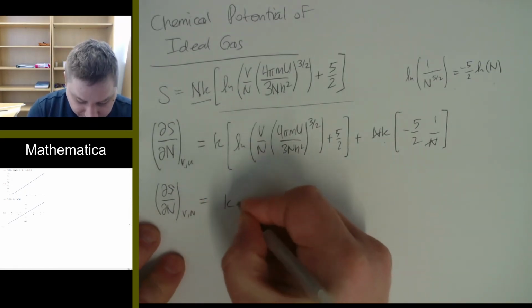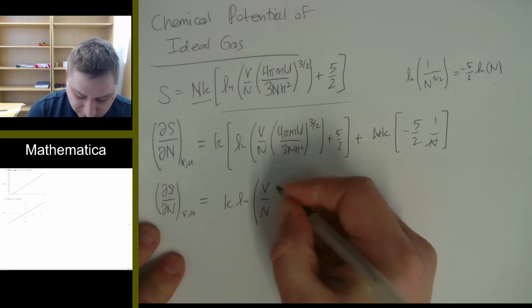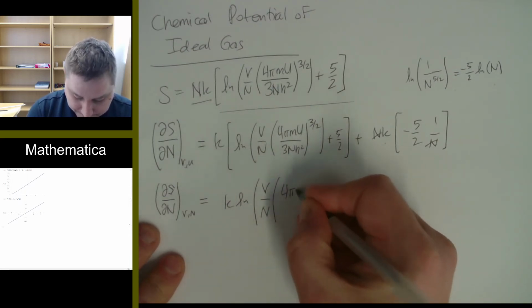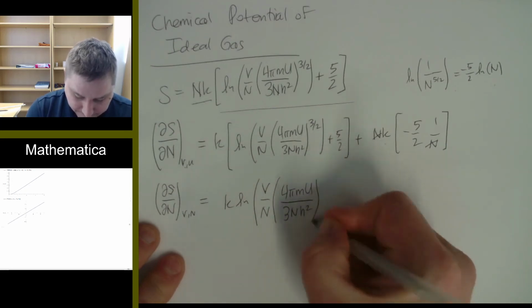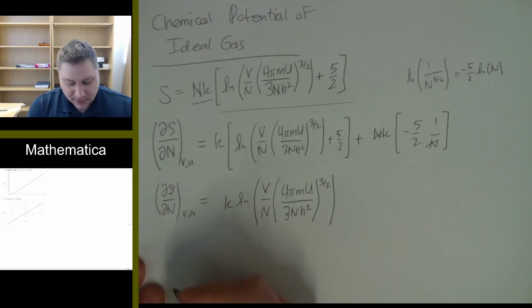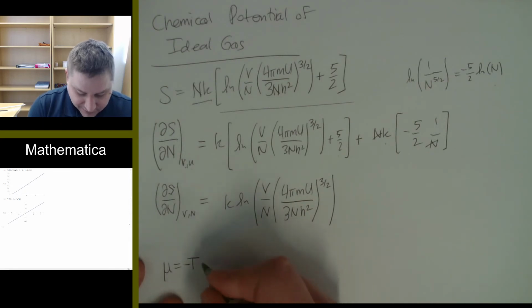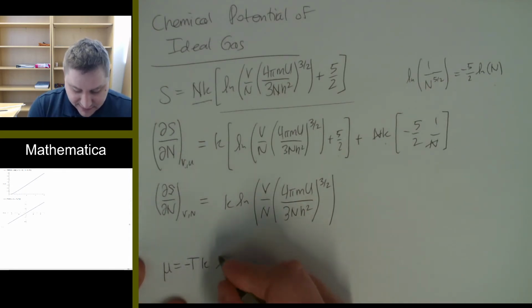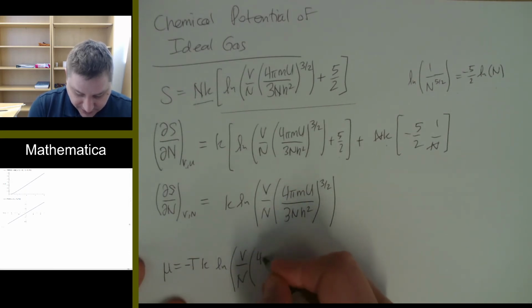So this derivative ends up being Boltzmann's constant times just the logarithm. And that's it. So when we go to calculate the chemical potential, we just have to multiply that by -T, and then we've got it for this monoatomic ideal gas.